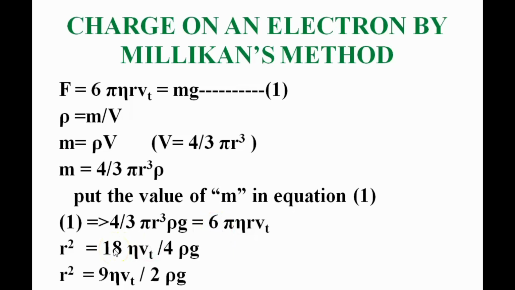Here r square is equal to 18 eta Vt upon 4 density and g. So solve it further. 2 2s are 4 and 2 9s are 18. It will become r square is equal to 9 eta Vt upon 2 rho g. Now with the help of this equation, we can find the radius of the oil drop.